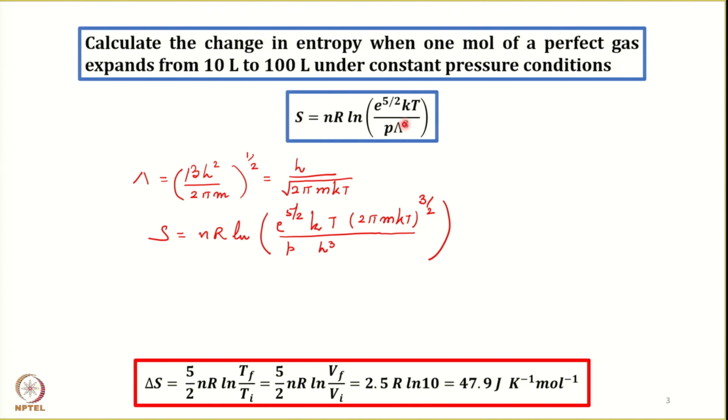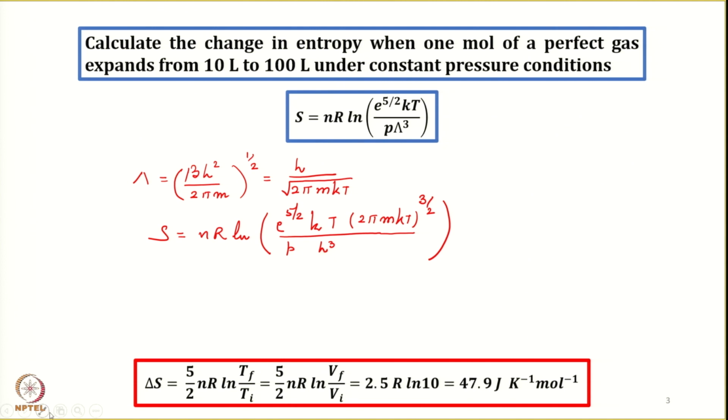I have substituted for lambda. Lambda is h over the square root of 2 pi m kT. So e raised to the power 5 by 2, kT remains, pressure remains, and instead of lambda cube, I have written h cube divided by (2 pi m kT) raised to the power 3 by 2. Exponential 5 by 2 is constant, Boltzmann's constant is constant, mass is constant, pressure is constant under constant pressure conditions, and Planck's constant is a constant.